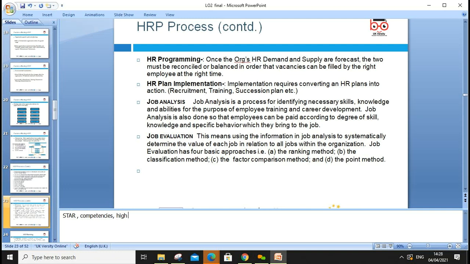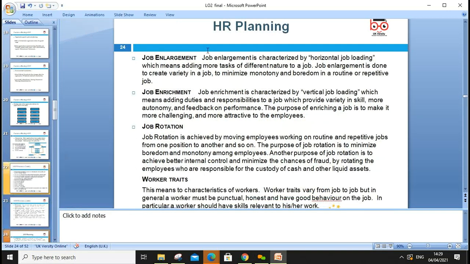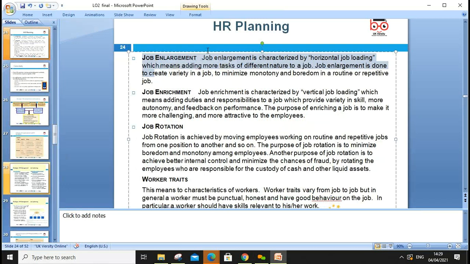Job evaluation has basic approaches. We can use the ranking method, ranking from high to low, the classification method, factor comparison, and the point method. Then we have job enlargement, which means giving more role and responsibility to an individual, enhancing the job.